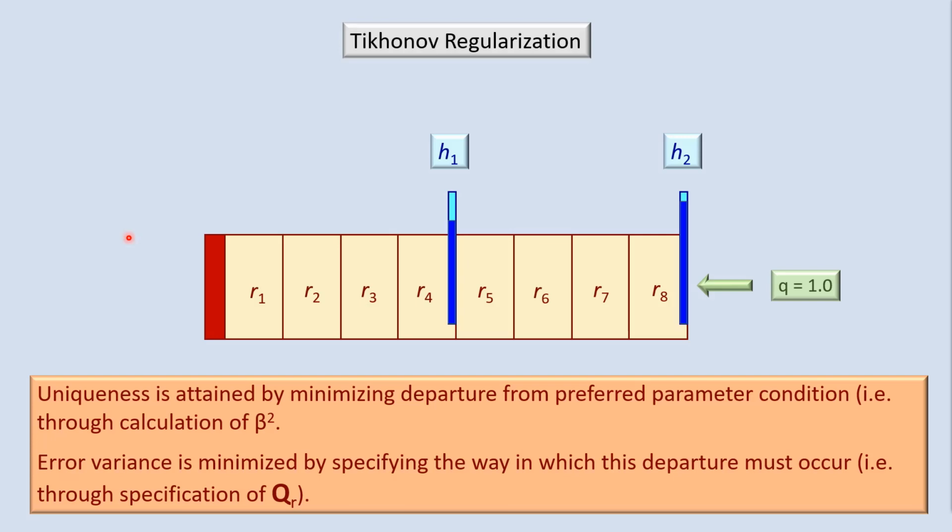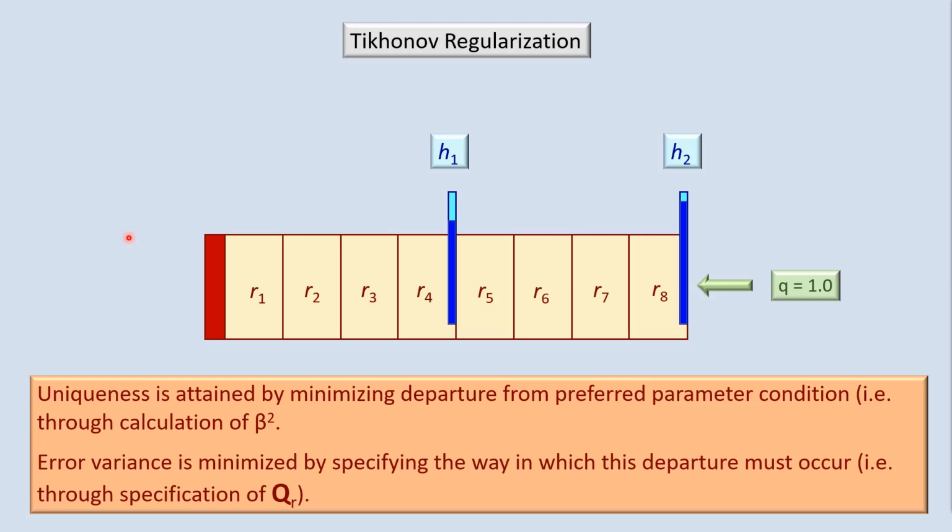However, it's important to realize that there are two components really to the way that Tikhonov regularization operates. We seek minimum departure from a preferred parameter condition. But it's not just the fact that we minimize that departure that's important. It's also the way in which we deviate from that preferred condition that is also important. We will have to deviate from that preferred condition if it's a condition of homogeneity or a condition that each parameter has a preferred value.